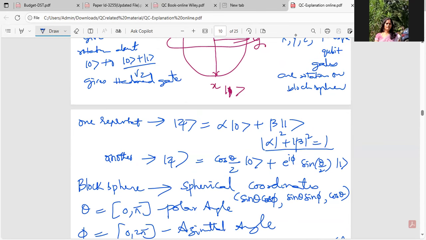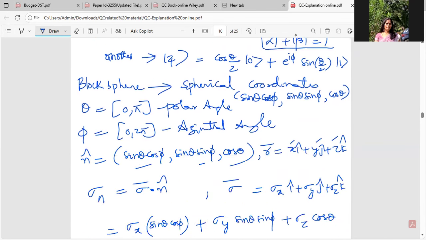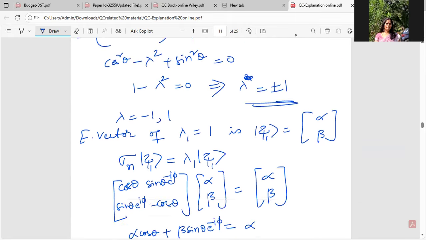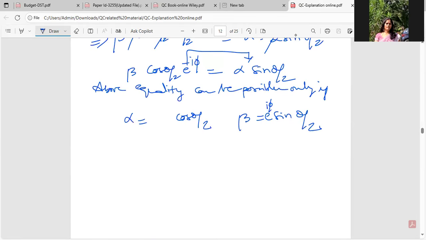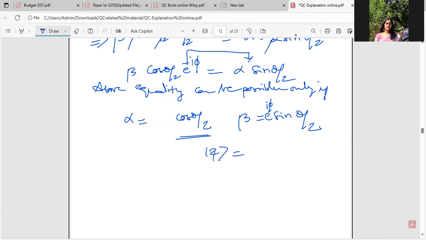Cos theta by 2 ket 0 plus e power i phi sin theta by 2 ket 1. What are those values? Alpha is cos theta by 2. Beta is e power i phi sin theta by 2. If I write ket xi to be alpha ket 0 plus beta ket 1, is it not the same notation that I have used above? That's how I get that notation.